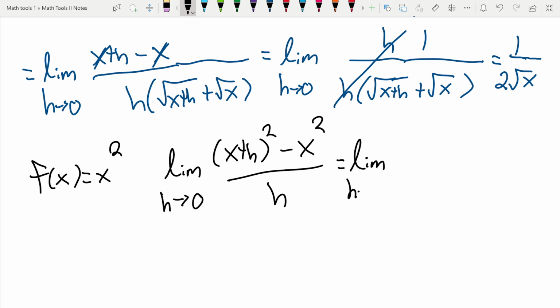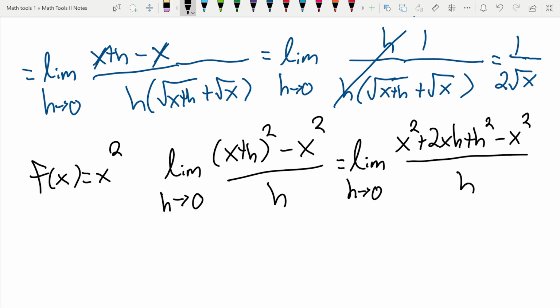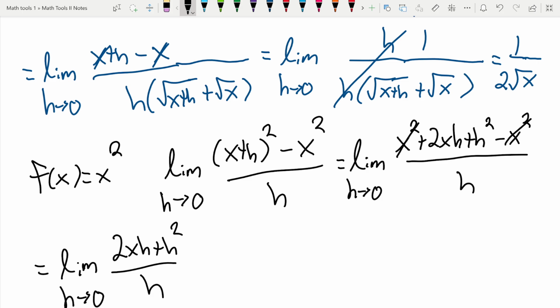So we go ahead and try to simplify the top here. So this is x squared plus 2xh plus h squared minus x squared over h. So the x squareds cancel out, and we're left with the limit as h approaches 0 of 2xh plus h squared over h. So again, we can cancel an h out of everything because there's one in every term, right?